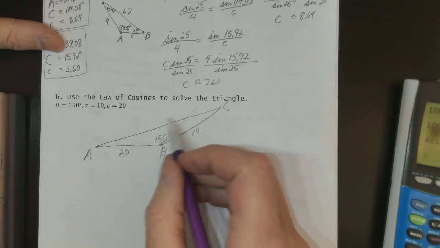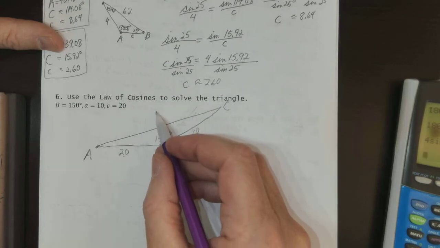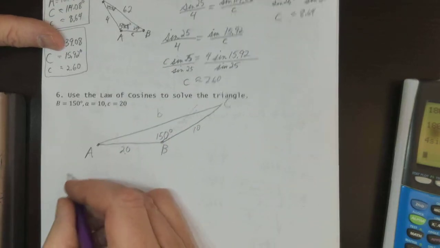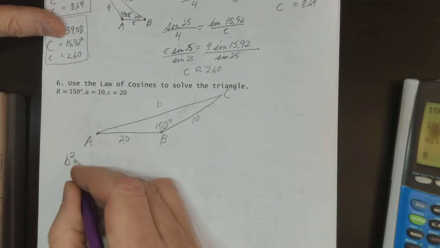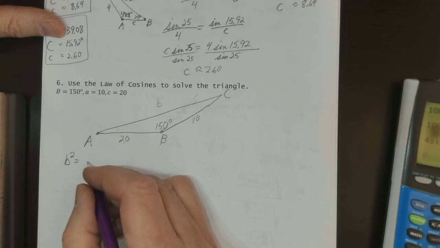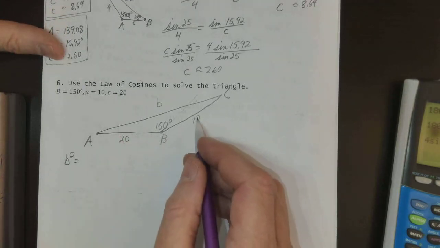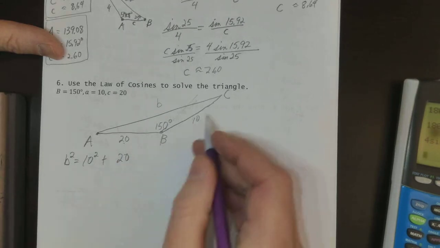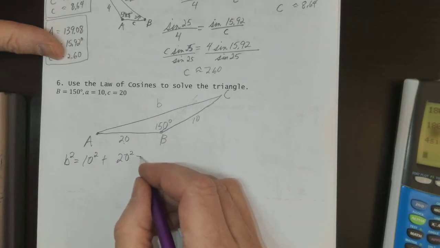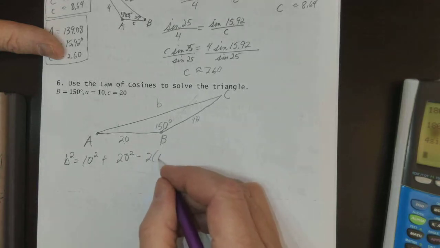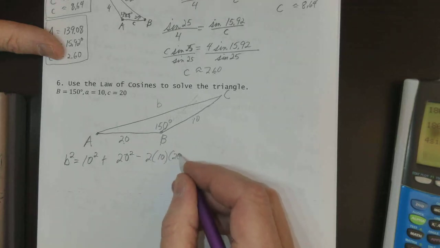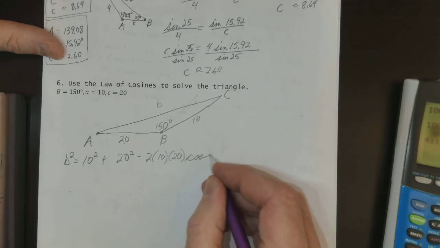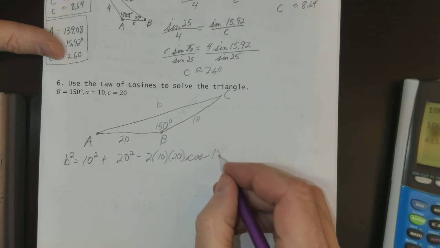Now, one of the things we need is side B, and that's the first thing we can get. So B squared equals A squared, which is 10 squared, plus C squared, which is 20 squared, minus 2 times 10 times 20 times the cosine of B, which is 150 degrees.